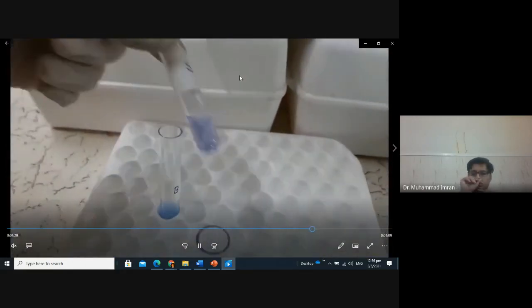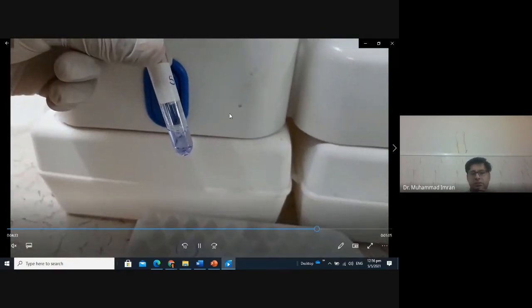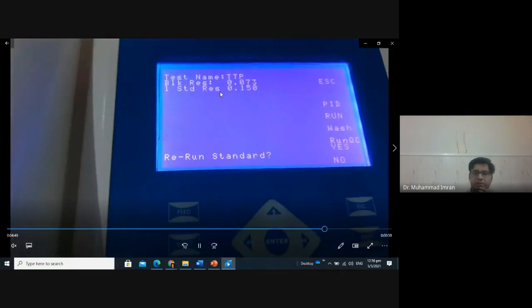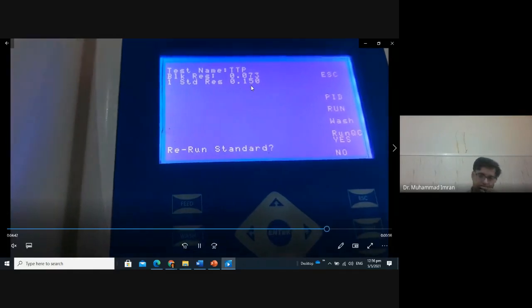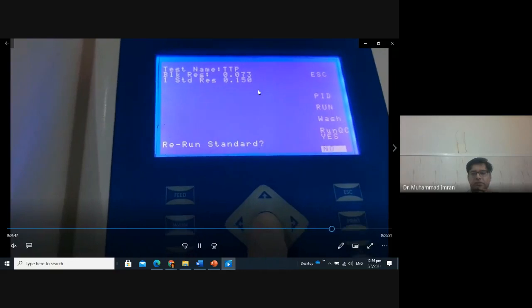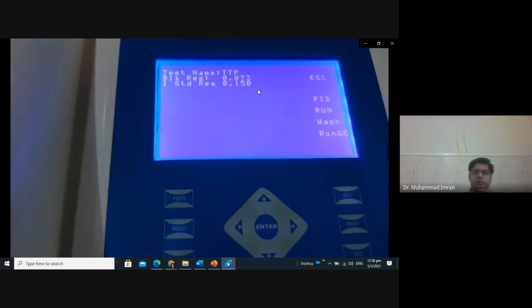Now you go for the standard. In the serum chemistry analyzer, you suck the standard. After the standard reading, you get a factor which gives you the reading of your sample.